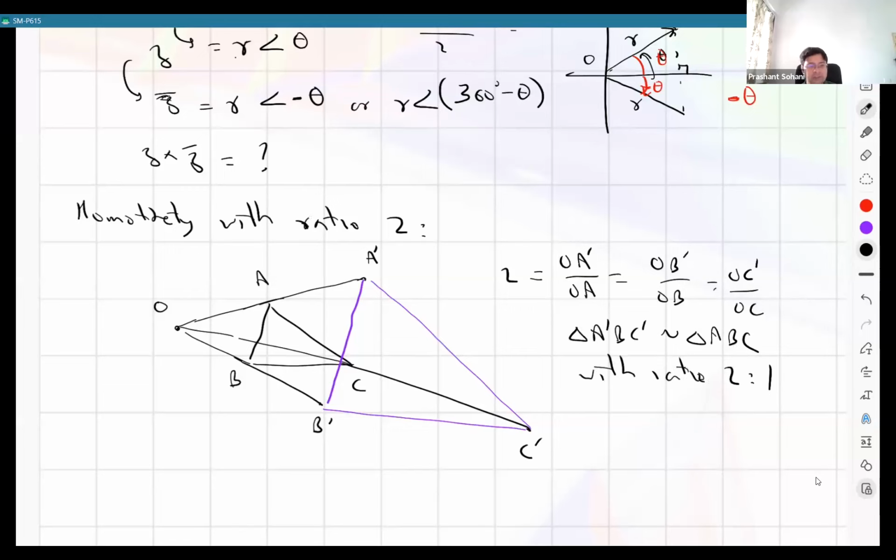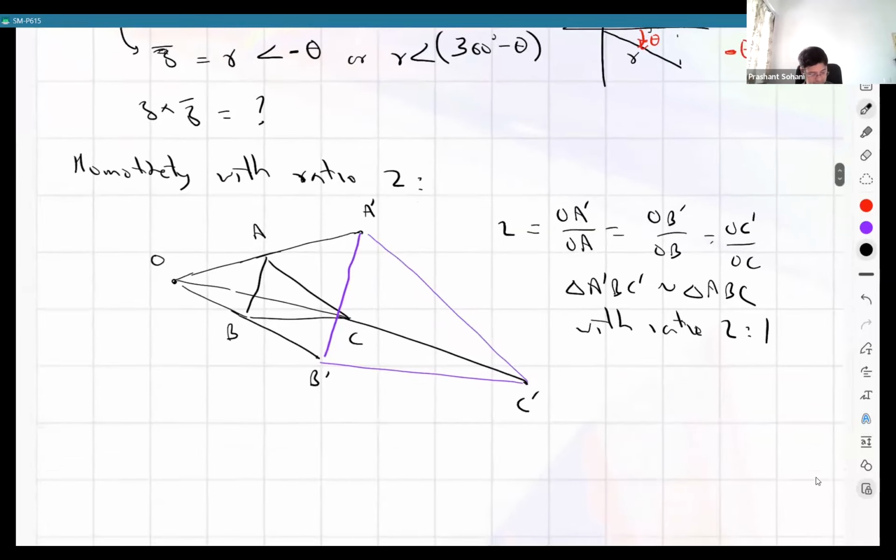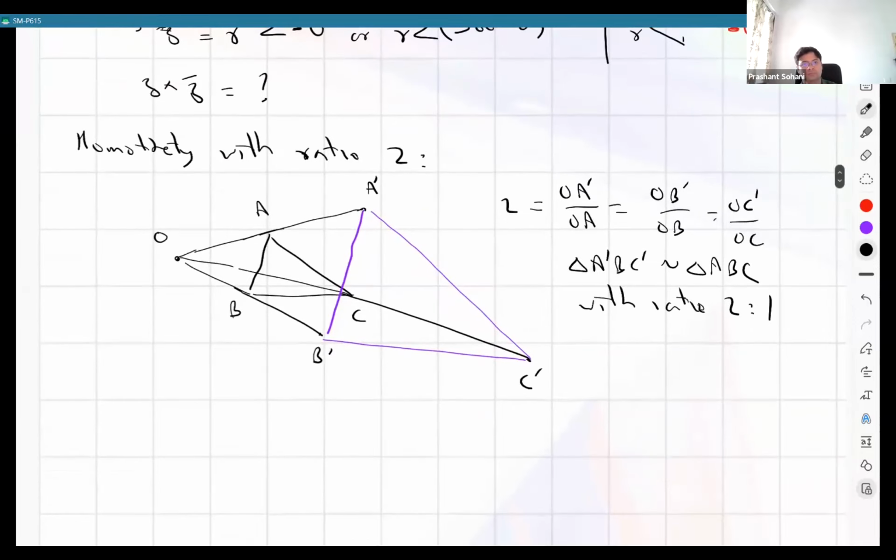Okay, so this is the straightforward case. Just as in all the examples we have seen before, there is an identity transform, a transform that does nothing. In homothety also, can you think of what is the transformation which will do nothing? Ratio 1, right? Homothety with ratio 1 will basically move every point to itself.